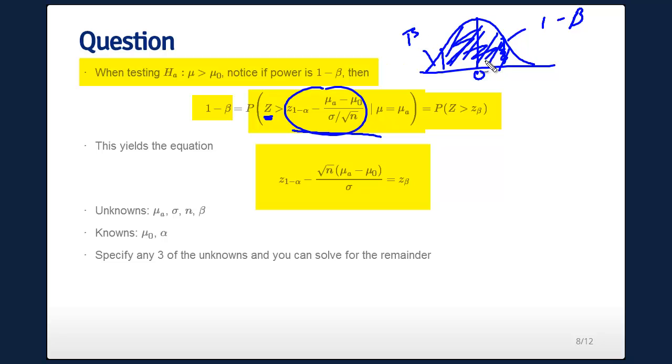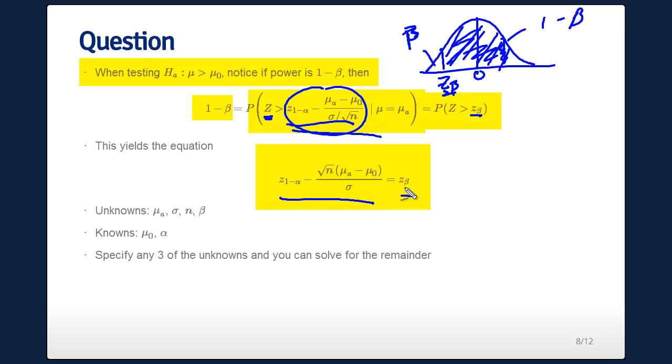We also know that the probability of the Z statistic being greater than Z beta is 1 minus beta, and beta is right there. We know what that number is, so we can equate this quantity with Z beta.